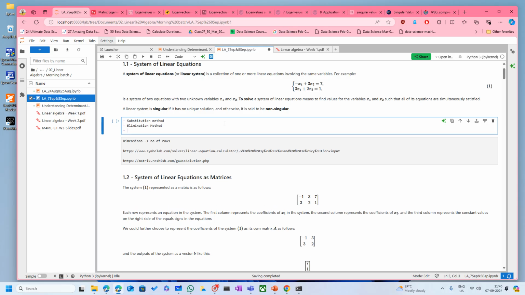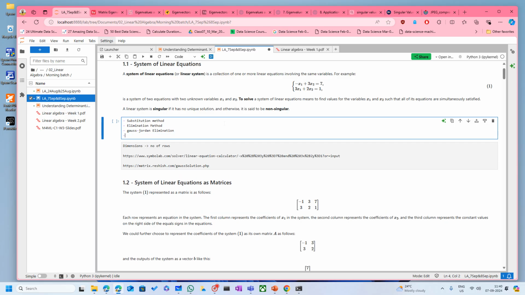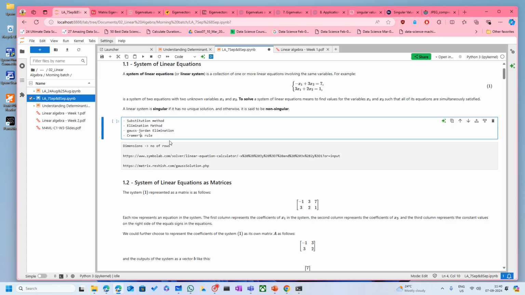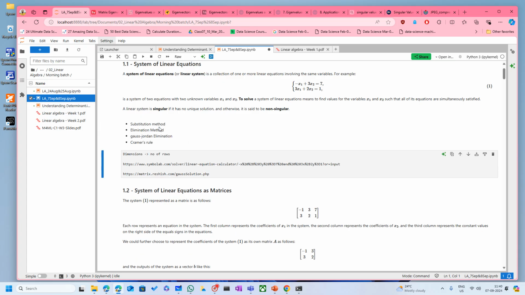Another one is the Gauss Jordan elimination method. Another one is Cramer's rule. All four are easy if you understand. So, four methods to solve the linear equations.